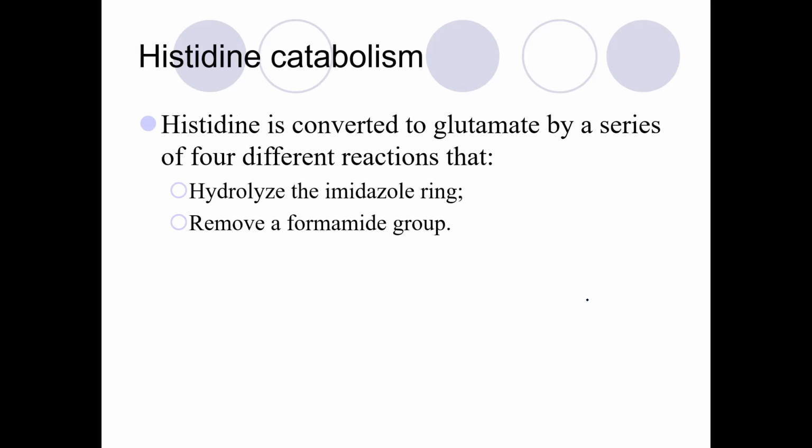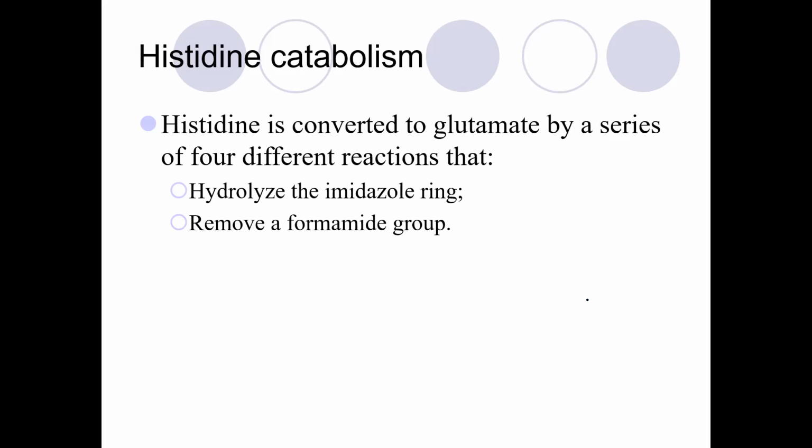All right, let's look a bit at the degradation of some of these amino acids. First, let's take a look at the catabolism of histidine. So histidine is converted to glutamate.